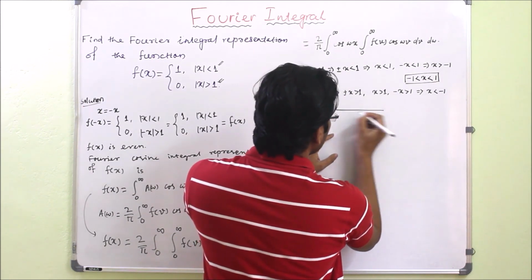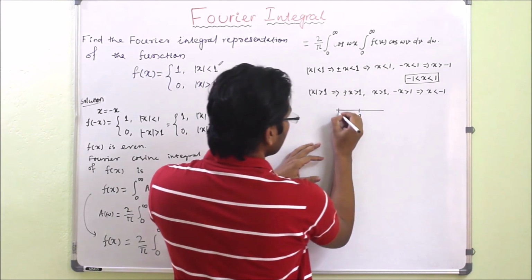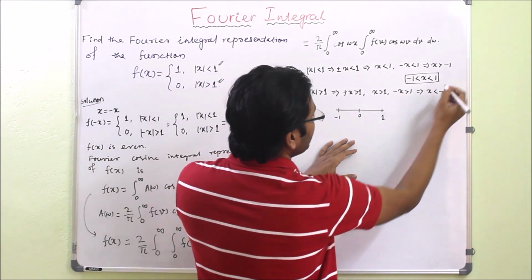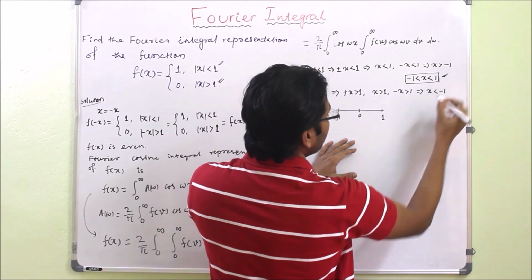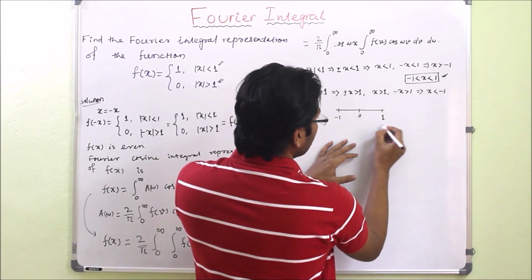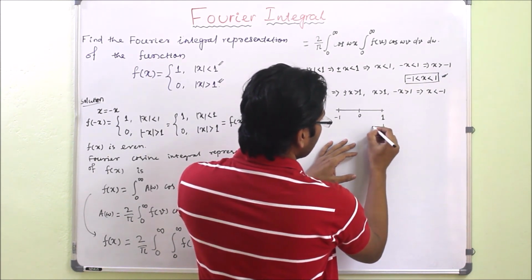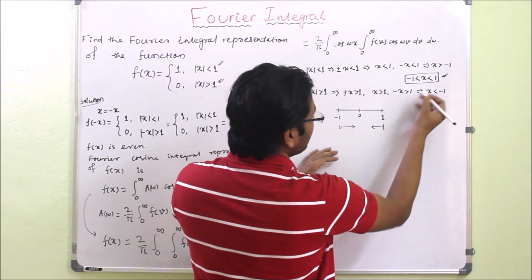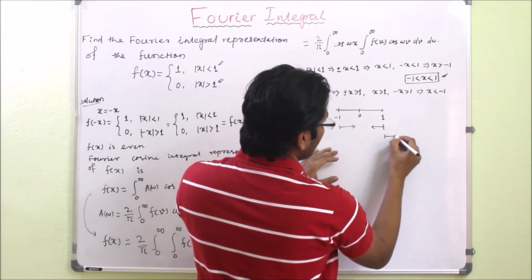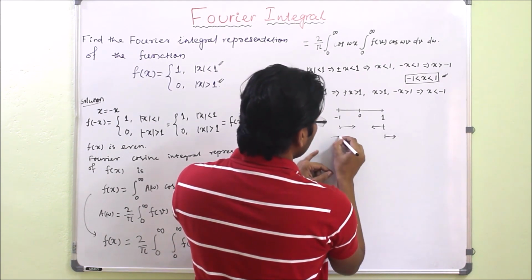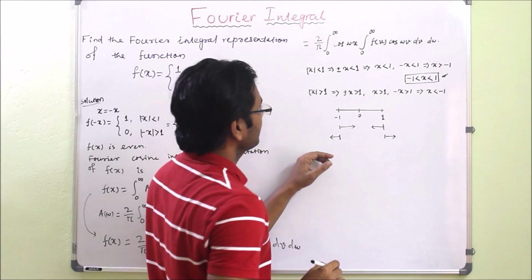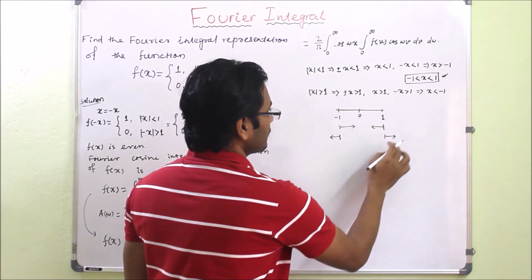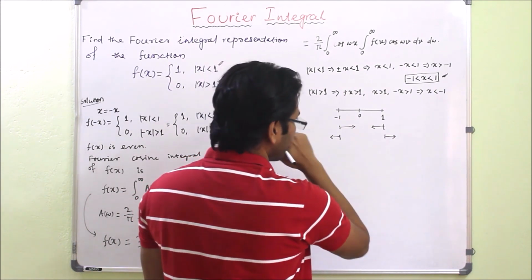If we see the number line, with 0, minus 1 and 1, then for the first domain x lies between minus 1 and 1, but for the second domain x is less than minus 1 and greater than 1.